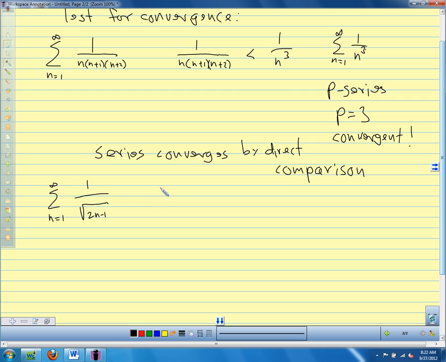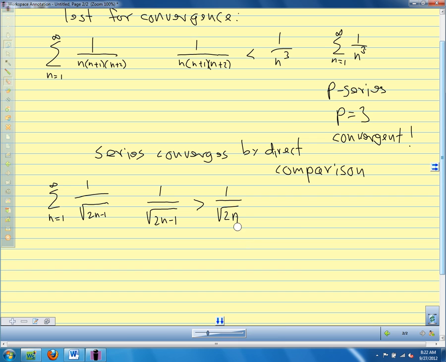All right, that's a hard part about the direct comparison, figuring out what to compare it with. But as you get some more experience, you'll start getting better at it. I'm going to say that 1 over square root of 2n minus 1 is greater than 1 over square root of 2n.